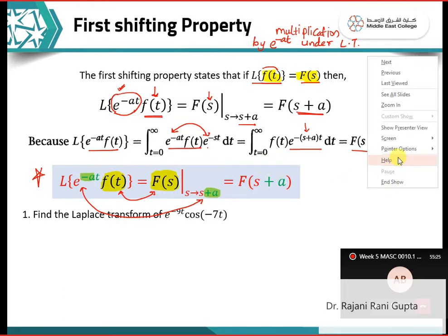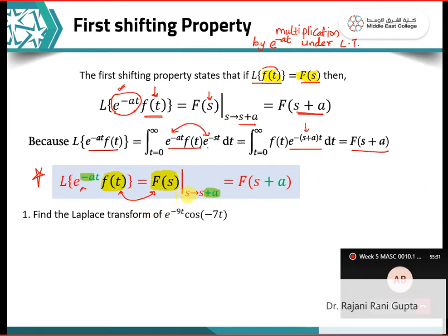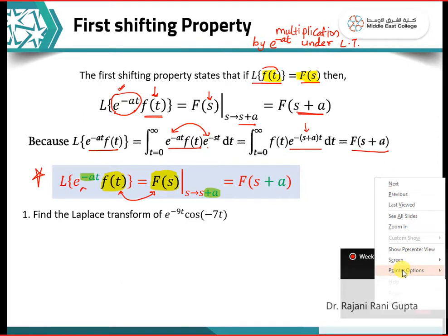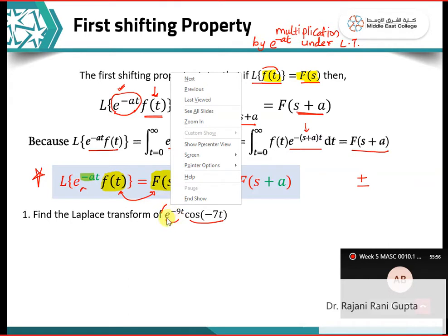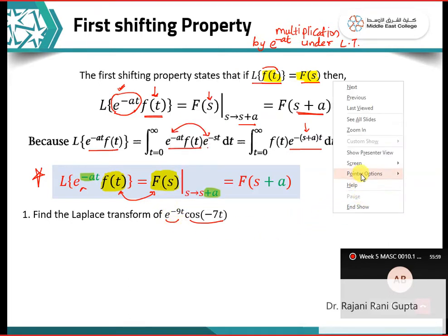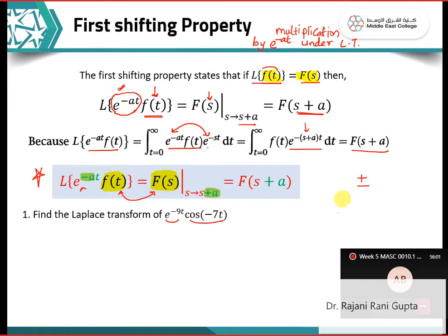Let me just erase that arrow. Okay, so when you have to solve this one, again you have a multiplication of two terms. We cannot work with the linearity property, because that property works only when you have two terms with plus or minus. Here it is a product and one of the terms is e power minus 9t, so we can make use of this rule.